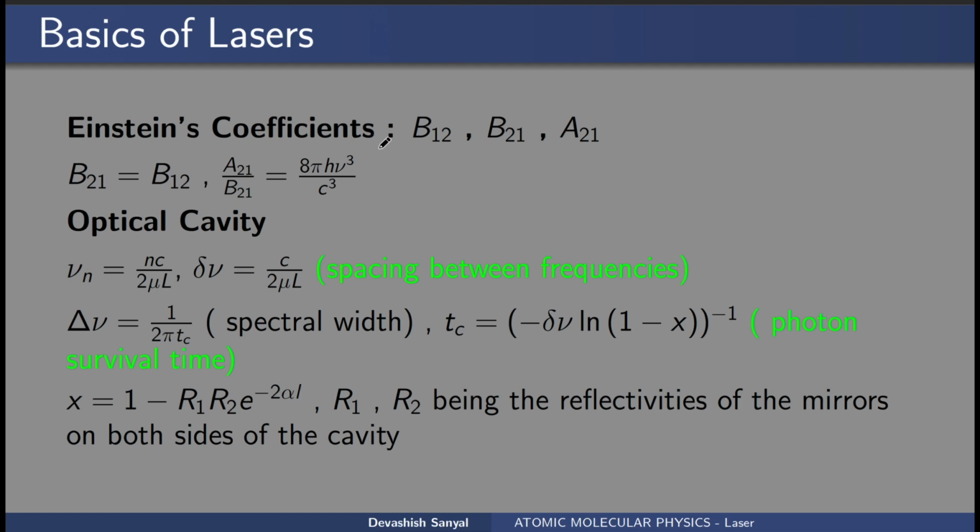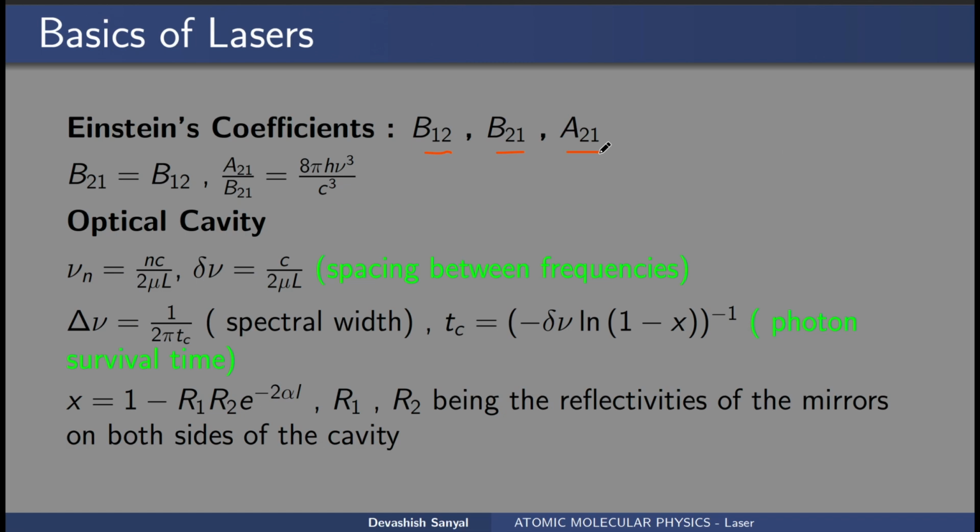1 and 2, then we know we can define Einstein coefficients: B12 stimulated absorption, this is stimulated emission from 2 to 1, and this is spontaneous emission rate from 2 to 1.